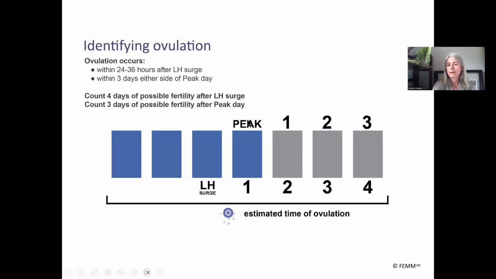So this is done by just placing a P either in the box or above the box and then circling it, and then you start a count of 3. So this would be 1, the next day would be 2, and then the third day 3. If you are tracking your LH and you have your LH surge on this day, then you would do a count of 4 after your LH surge.